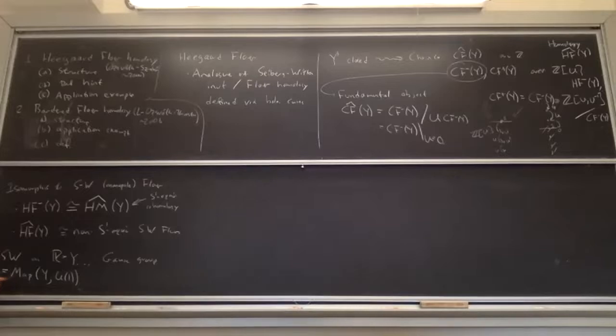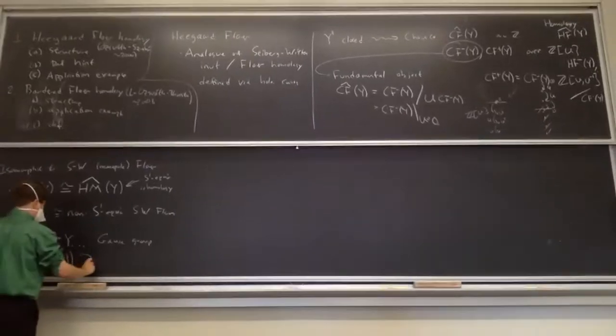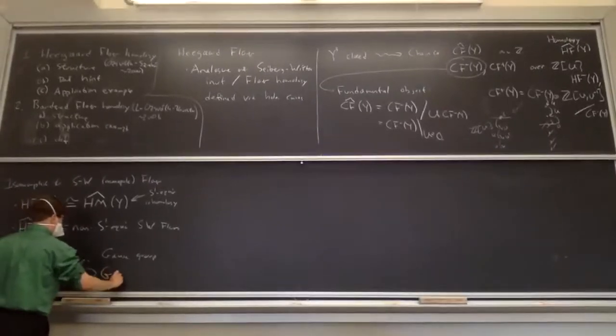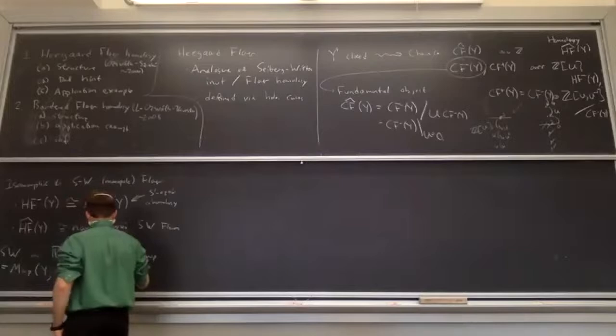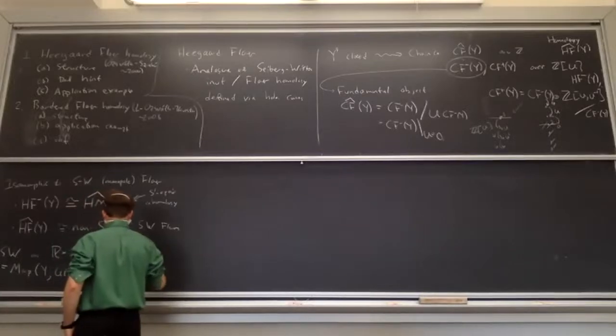And inside that there's a base gauge group, so this contains a base gauge group G0, which is like maps from Y to U1 that send the base point to 1.